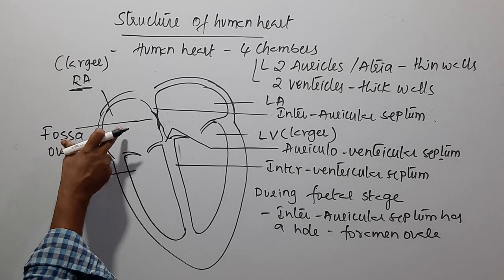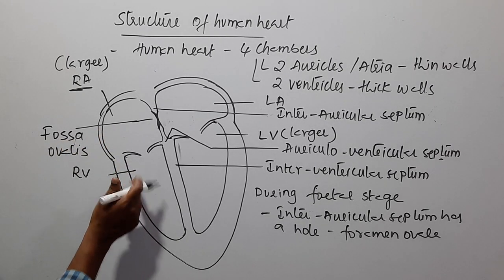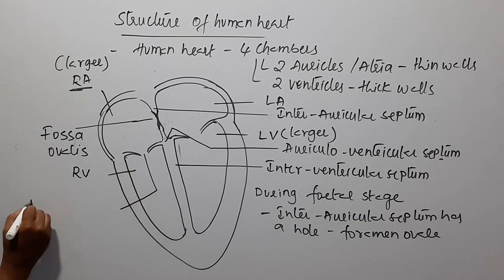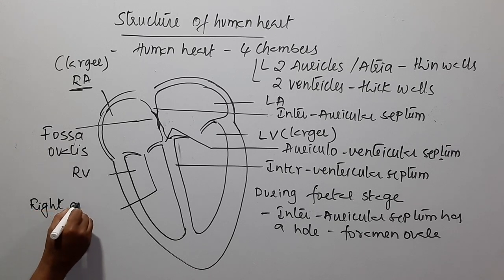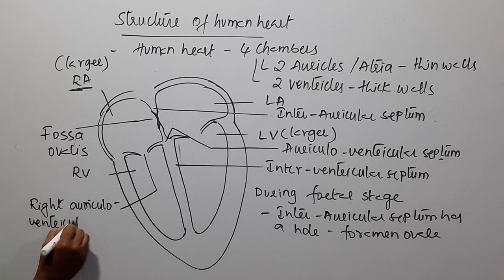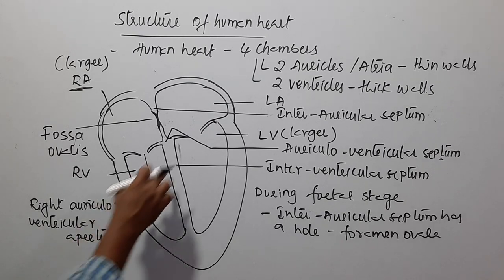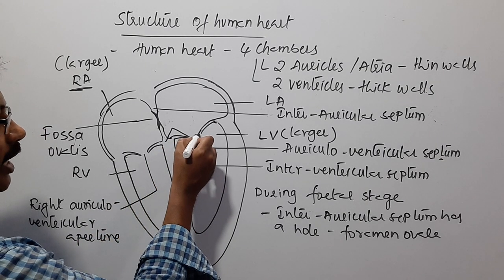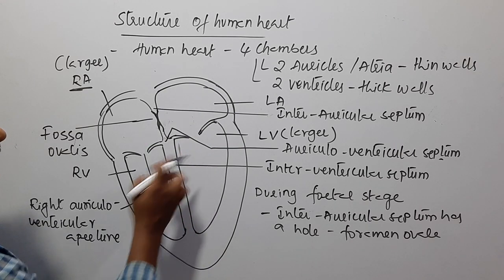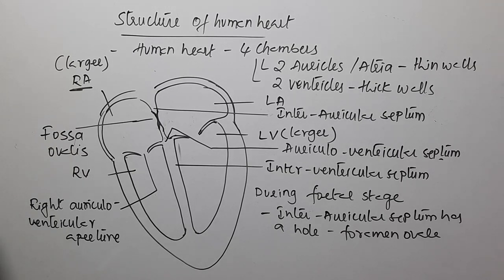Now, connecting the right auricle with the right ventricle, we have an opening, which we call the right auriculoventricular aperture. Similarly, on this side we have an opening that connects the left auricle with the left ventricle, and that is called the left auriculoventricular aperture.